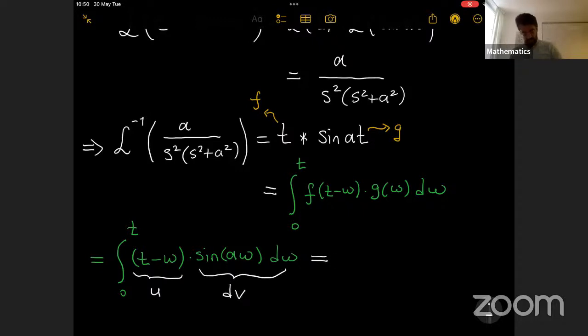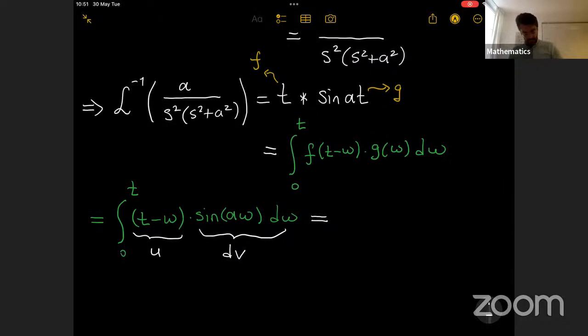So integration by parts will give you u times v, which is t minus w... Or maybe let's write here, du is minus dw. Okay, let me say it like this.